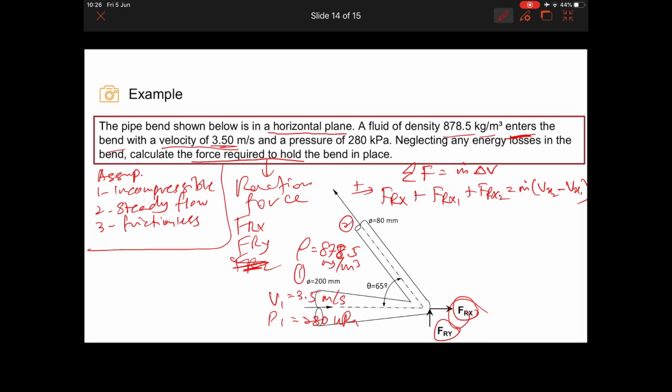Okay, and then the reaction force at point 1, and the reaction because of the pressure at point 2. Then you expand the expression. So Frx plus P1, we do have P1 here, A1, plus, okay.